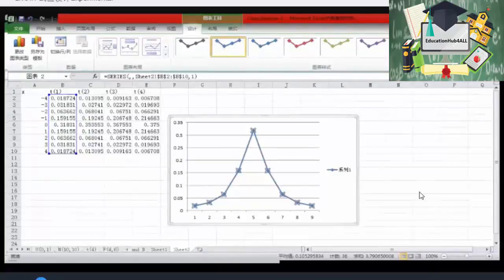Find it, line style, and here this is the smooth.